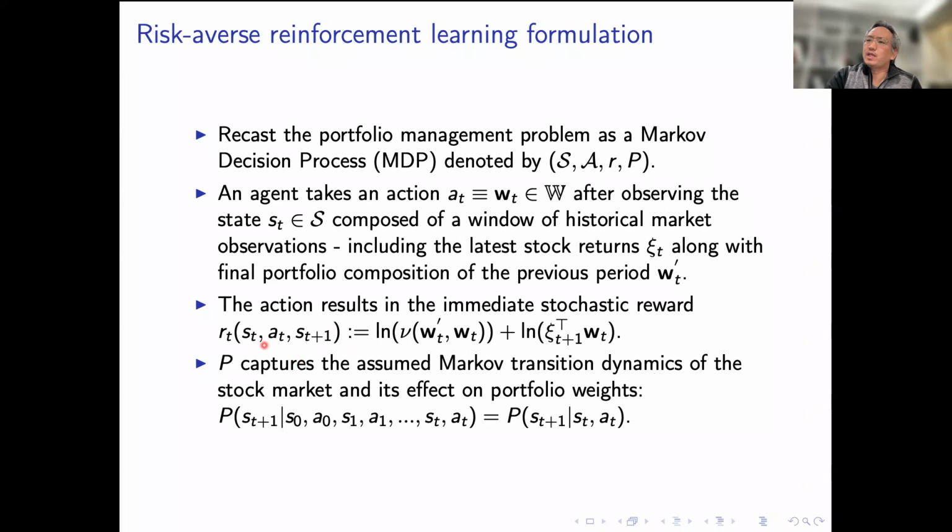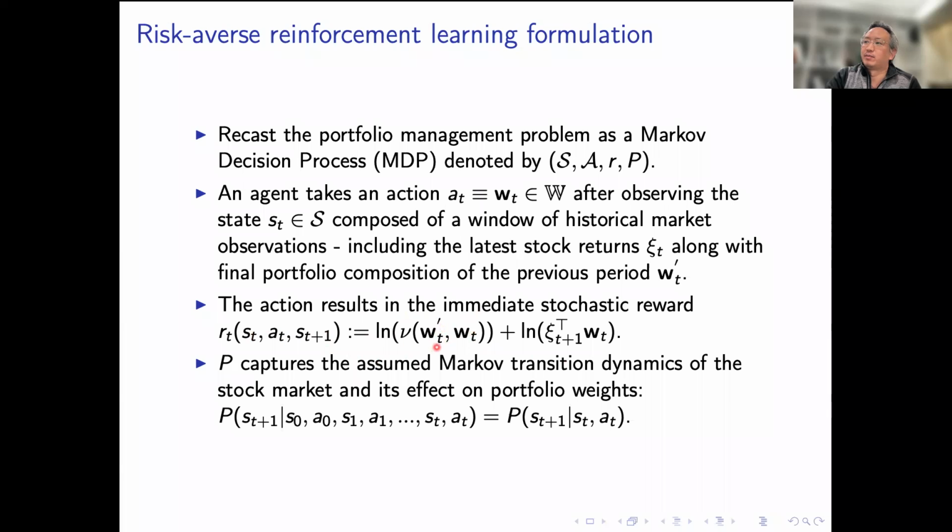And so for the immediate stochastic reward, based on the current state, the action made after observing the state, and the new state, for our problem setting it is essentially the log of the change of value because of the transaction cost. You can see this is where the previous portfolio composition and the new one come into play, right?